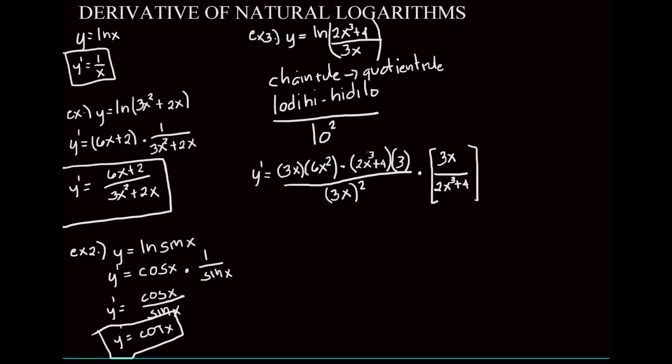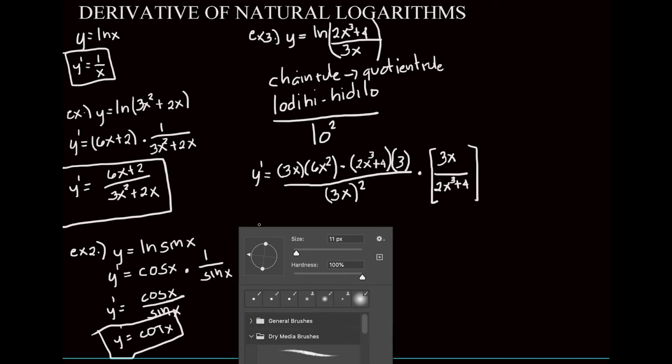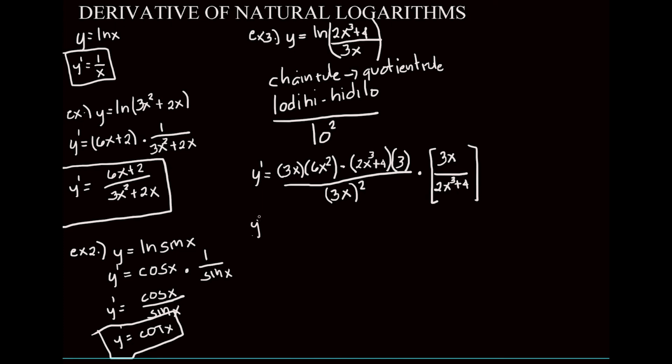Okay, let's try to simplify it a little bit more. So y prime will now give us 3x times 6x squared. That will just give us 18x cubed minus, notice guys, I'm still going to use the parenthesis because it is being preceded by a negative sign. So I'll just distribute first my 3 to my 2x cubed plus 4.